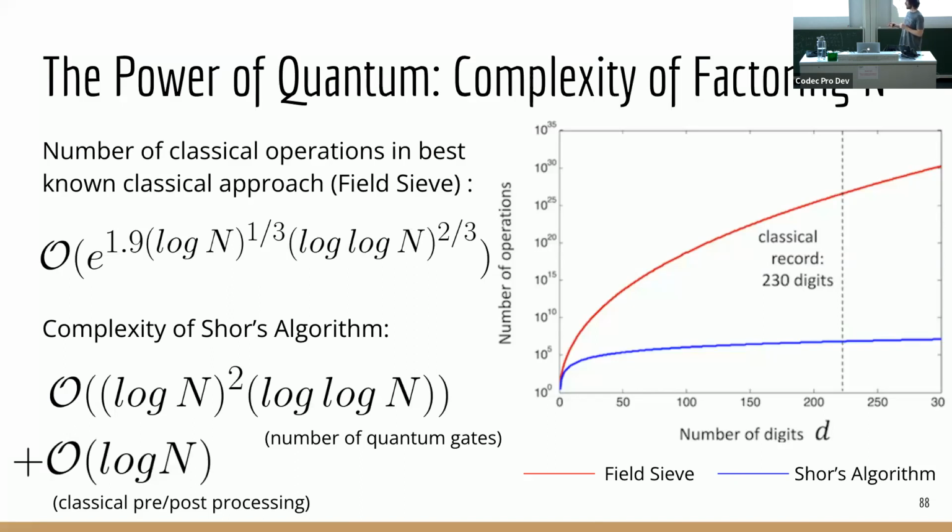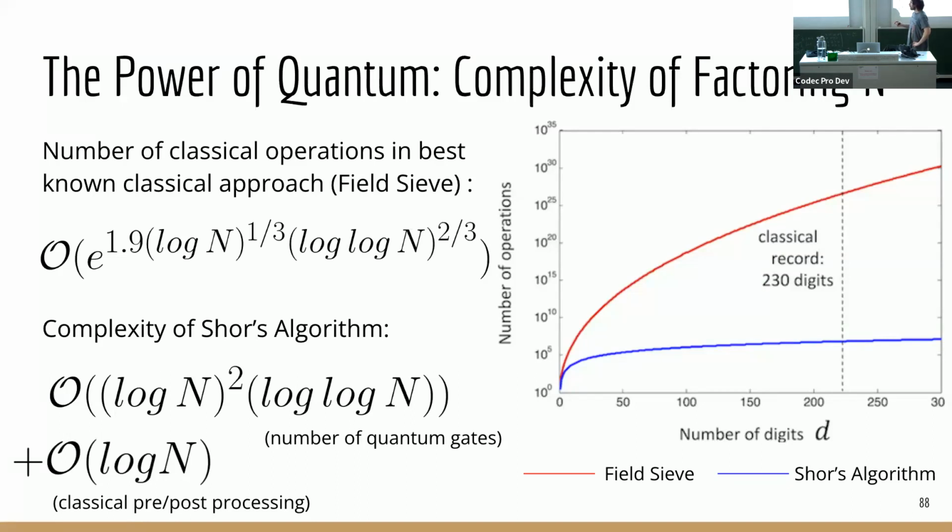And so we can see based on this, the number of quantum gates is significantly lower than the number of classical computations that you would have to perform with the field sieve method. And then there's also some classical pre and post processing, which doesn't contribute all too much to the final speed. And so on the right here, we have a graph of the number of operations in red for the general field sieve method and the number of quantum gates in blue for Shor's algorithm.